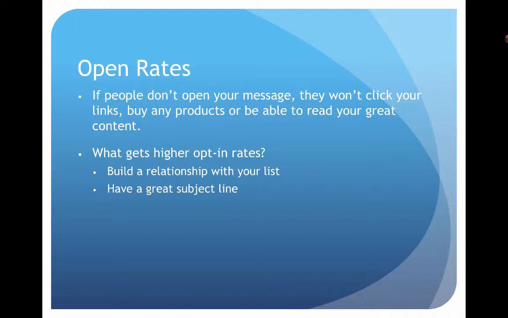So let's talk about subject lines first. A subject line is very important because it has to intrigue someone enough to want to open it. Some people get over 1,000 emails a day. It could be spam or whatever it is, but a lot of people just don't have the time to look through every single email they get.